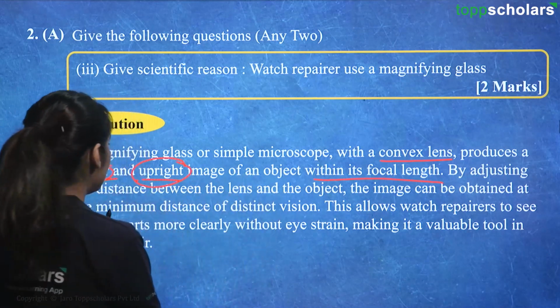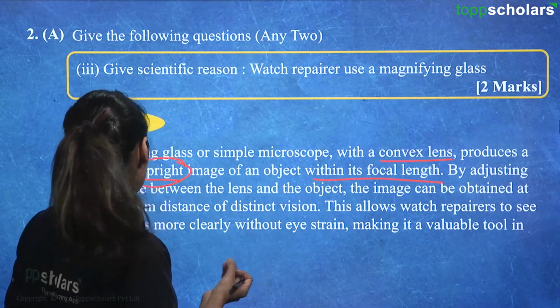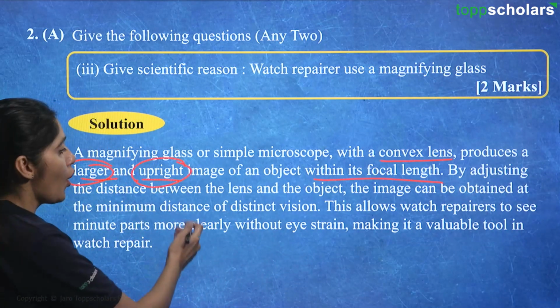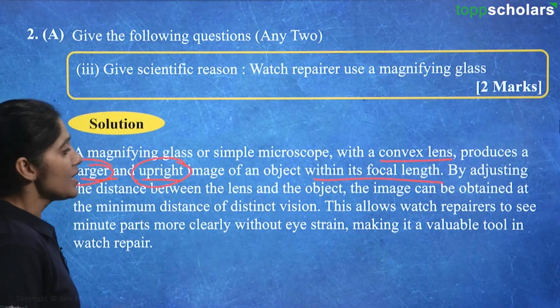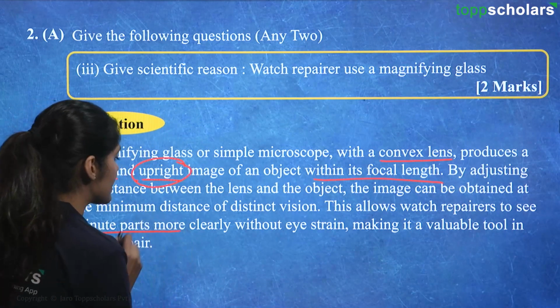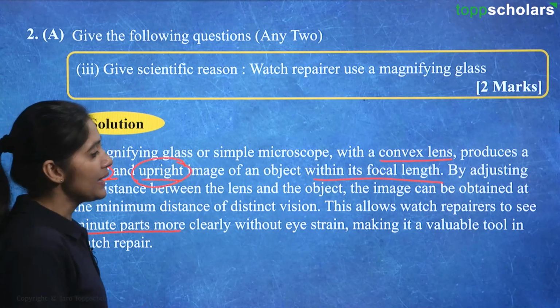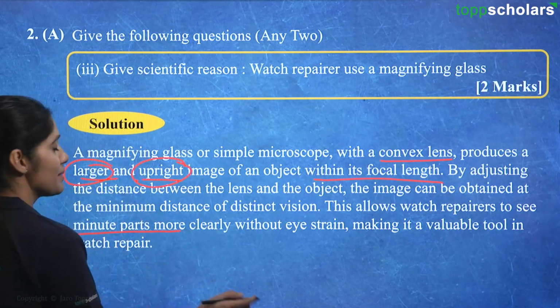By adjusting the distance between the lens and the object, the image can be obtained at the minimum distance of distinct vision, right? Now, this allows watch repairers to see minute parts more clearly without eye strain, making it a valuable tool in watch repair, right?